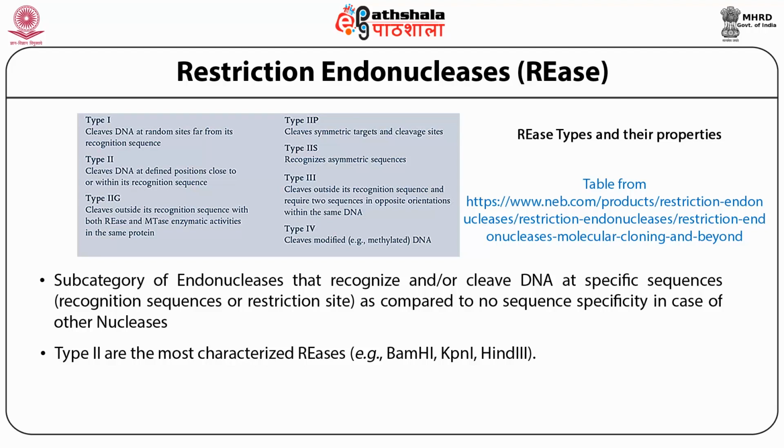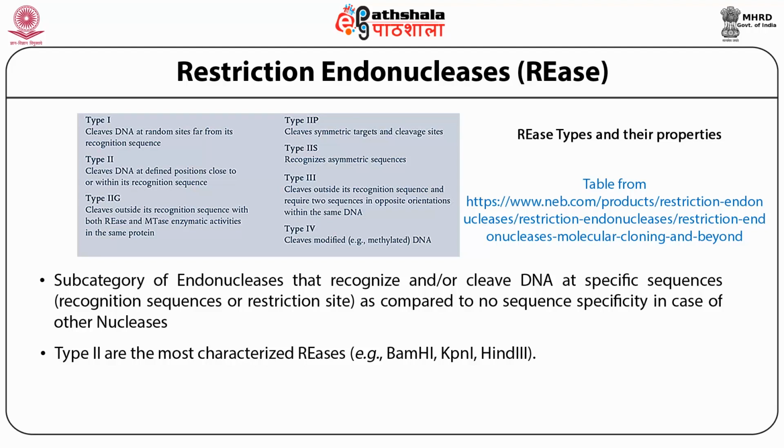Then there is type 3, which usually cleaves outside its recognition sequence and requires two recognition sequences in opposite orientation within the same DNA. And then the type 4, they usually cleave modified DNA, and both restriction and modification activities are in the same polypeptide chain.